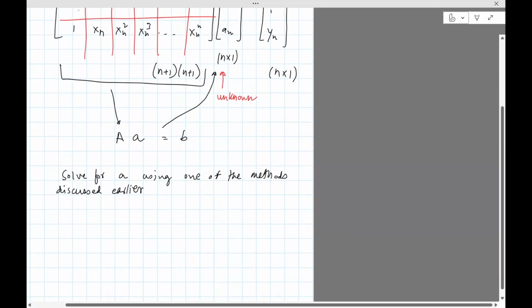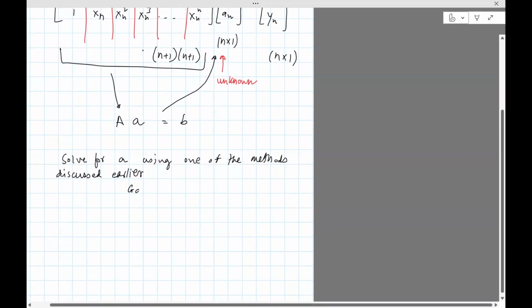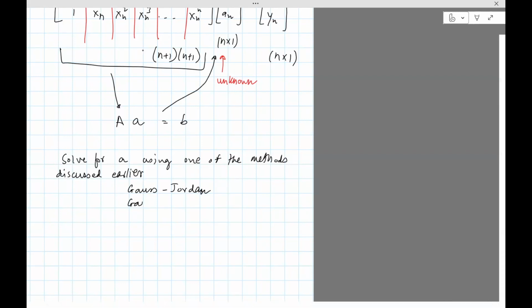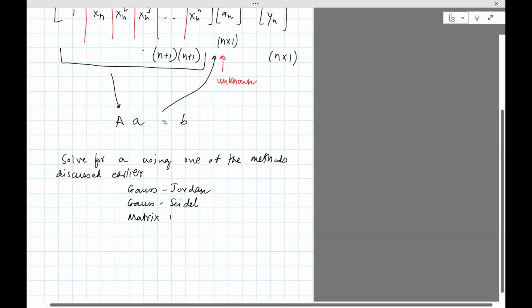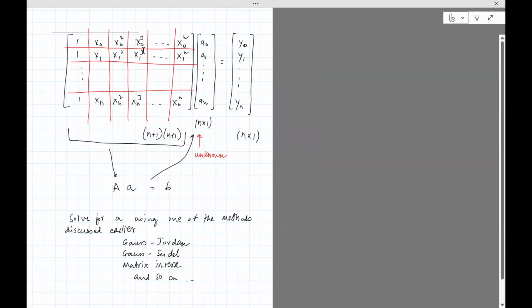Some of the methods are Gauss-Jordan elimination, Gauss-Seidel, matrix inverse, and so on. So what we've effectively done is obtain the unknowns, the a's, which means that we can now compute the polynomial y. And once we have the polynomial, we can then do interpolation and extrapolation.